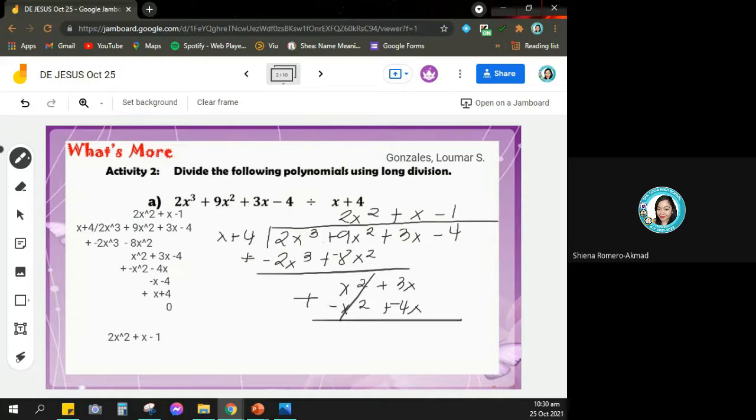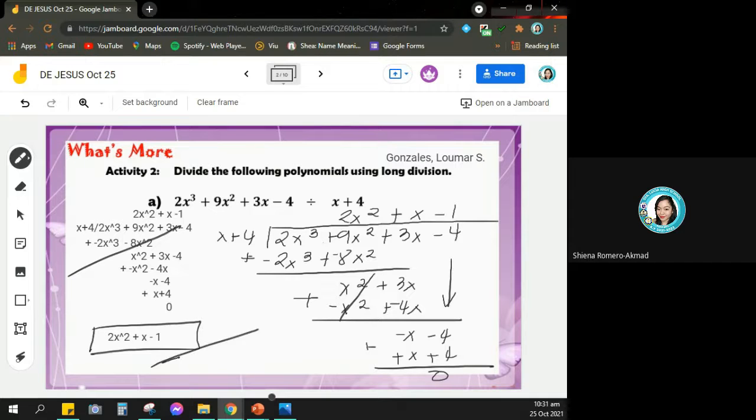This is 0, and this is negative x, correct? Bring down negative 4. So this is negative 1, correct? Negative 1 times x is negative x, and we have negative 4. Then change the sign, proceed to addition. The remainder is 0. So your answer is correct, which is 2x squared plus x minus 1. Galing. Very good, very good.